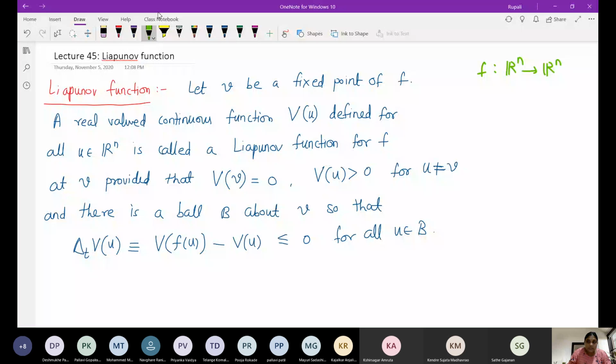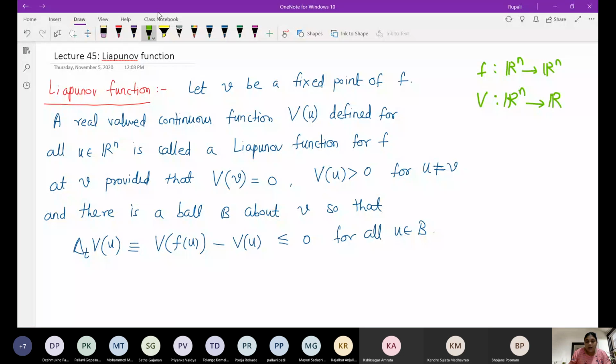Capital V is a real valued function V at u, defined for all u belonging to R^n. So what is the domain for capital V? R^n. And what is the codomain? It is a real valued function, which means R.